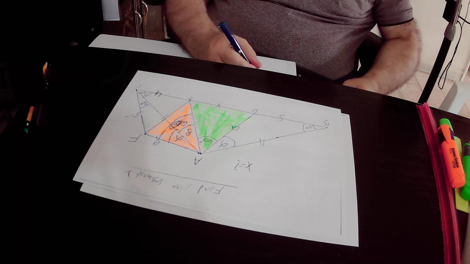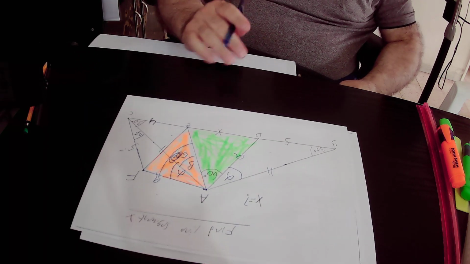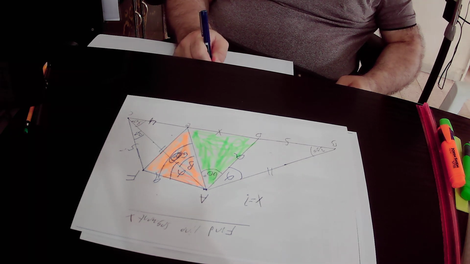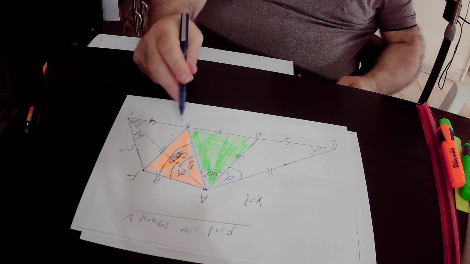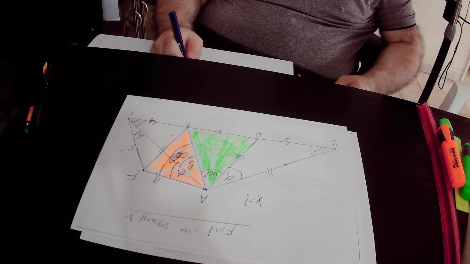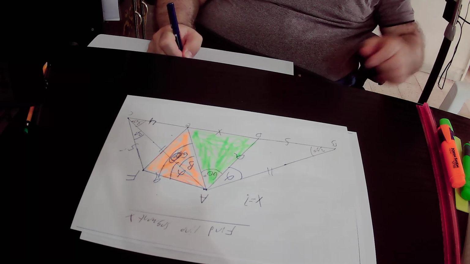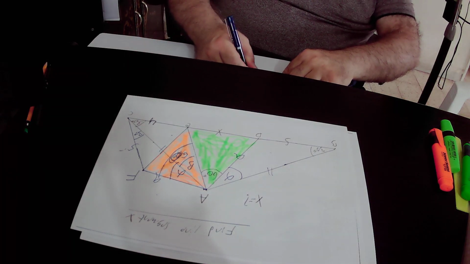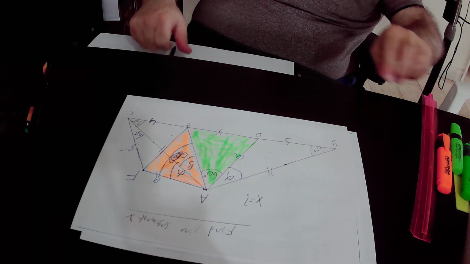So we'll prove that the green triangle ADE is congruent to the orange triangle AEF. So why is the green triangle congruent to the orange triangle?